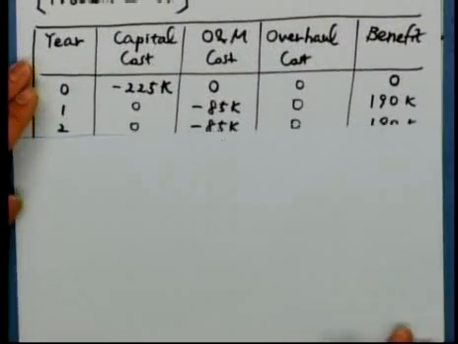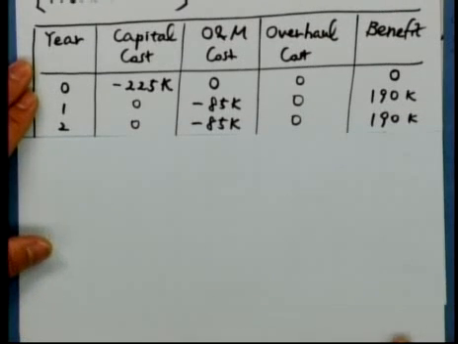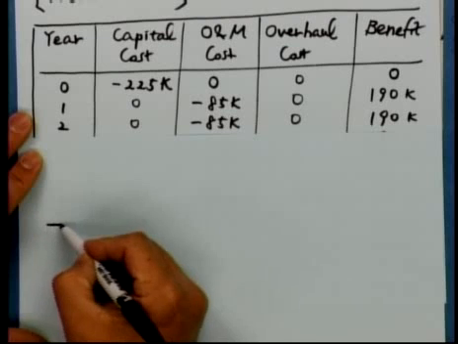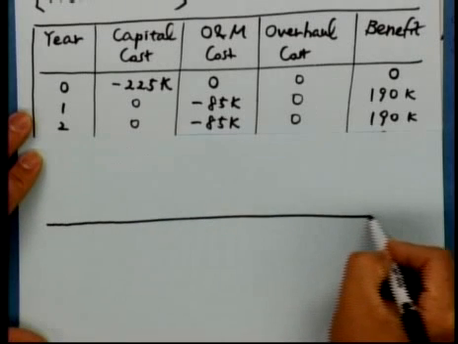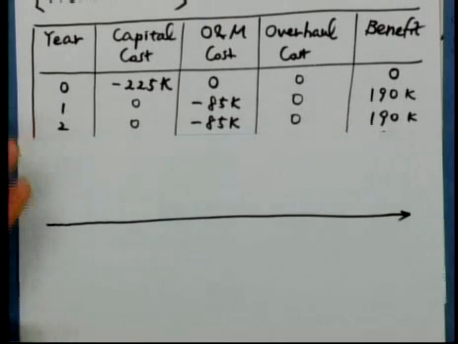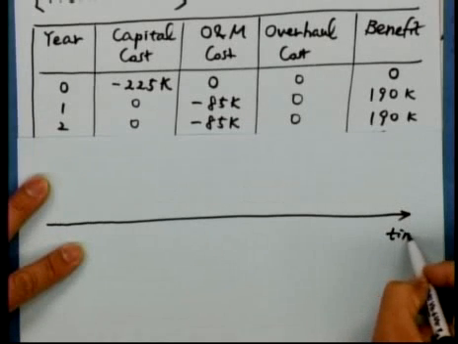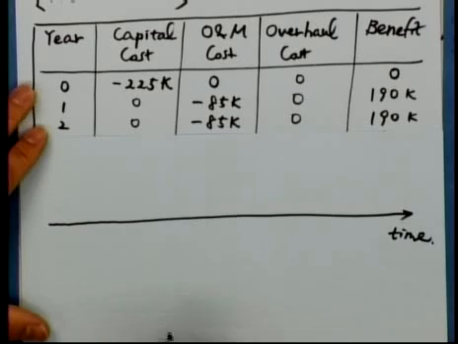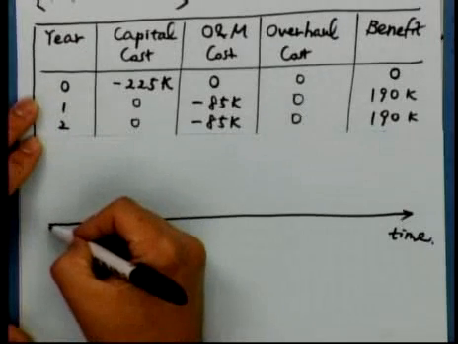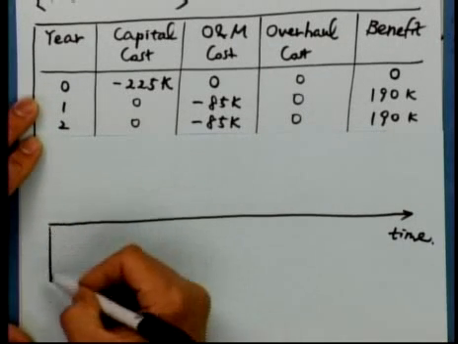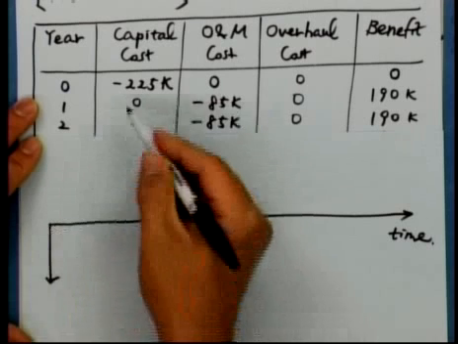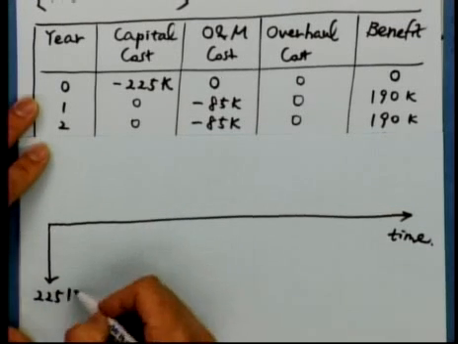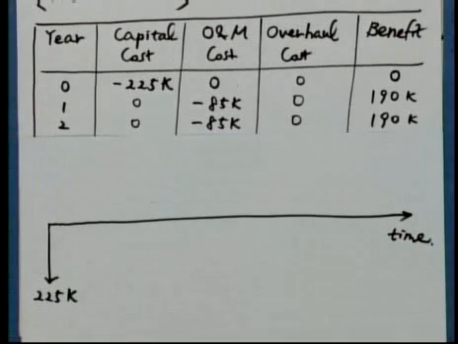So this is the timeline, right? And at the end of year 0, you have 225K, right, as the capital cost.